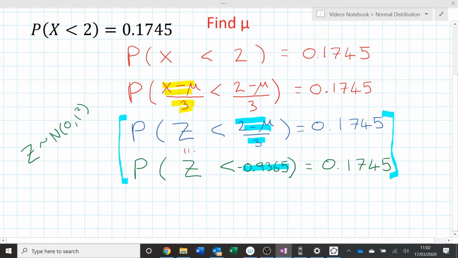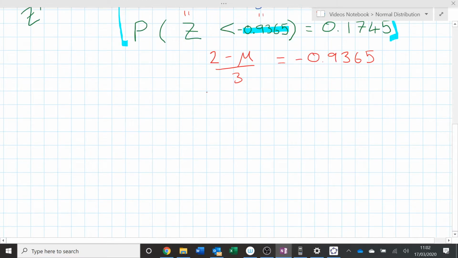So 2 minus mu divided by 3 must be equal to minus 0.9365. And I've created an equation with only one unknown, so I can solve to find what mu is. It feels a bit funny, but essentially what we've done is made it into a question that we can use the calculator for.